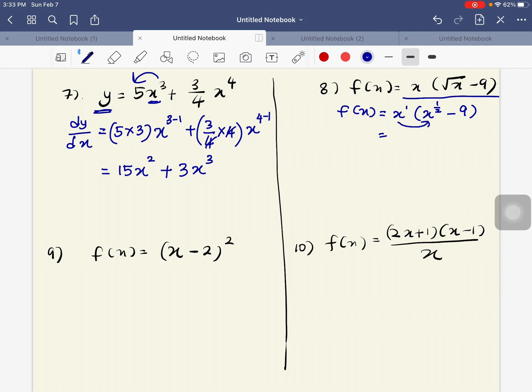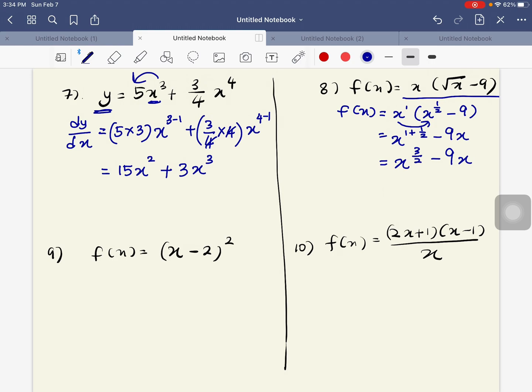Okay, buat mangkuk. So x power of 1 times x power of 1 over 2 sebenarnya jadi x power of 1 plus 1 over 2 minus 9x. Okay, so this happens to be x power of 3 over 2 minus 9x. Okay, don't you think you can solve this?